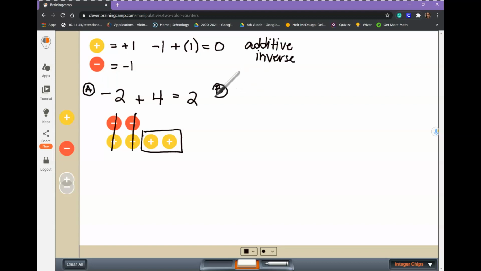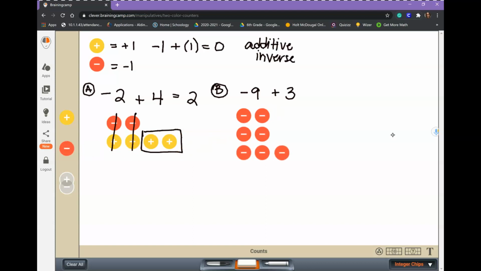B. Let's do -9 plus 3. So I'm going to have my 9 negatives and then my 3 positive. 1, 2, 3.